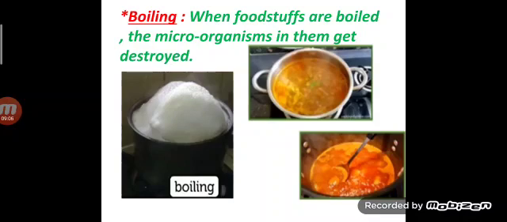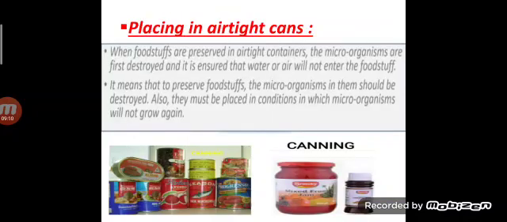Yes. Now the next one is placing in airtight cans. Before placing it in airtight cans, the microorganisms are first destroyed and it is ensured that water or air do not enter the foodstuff.